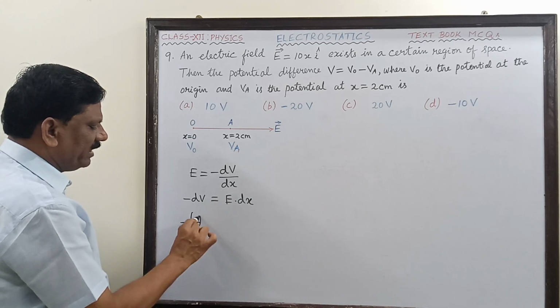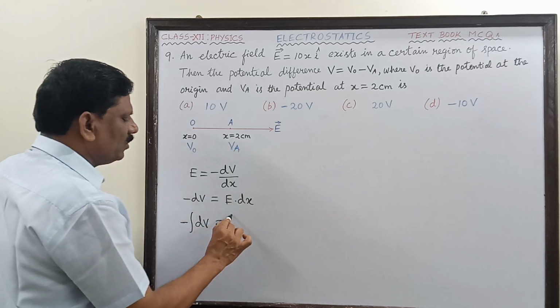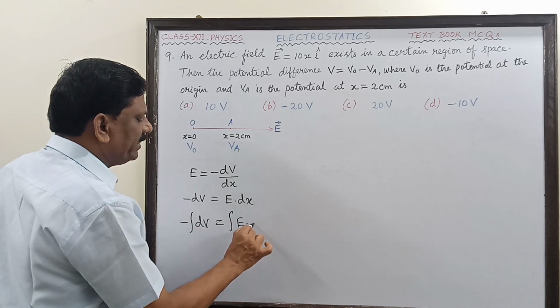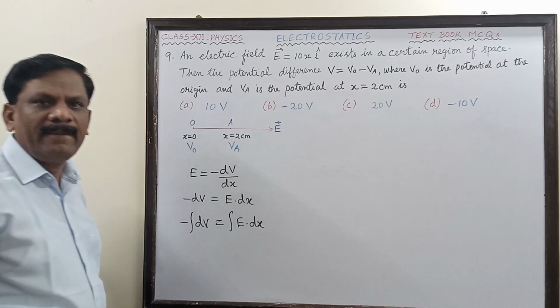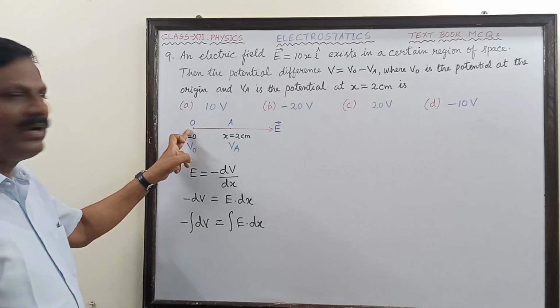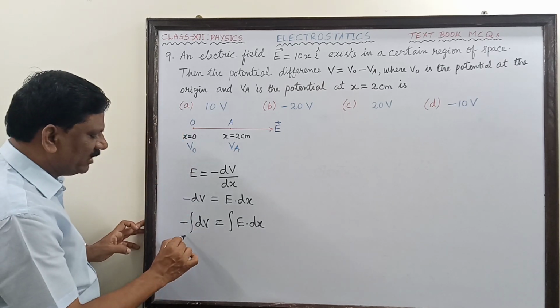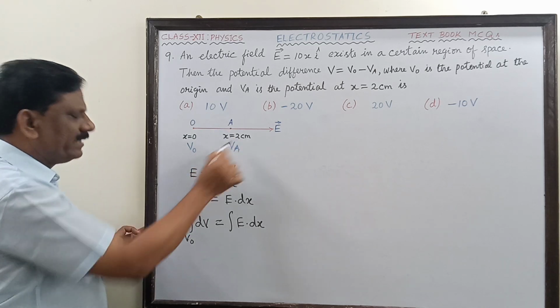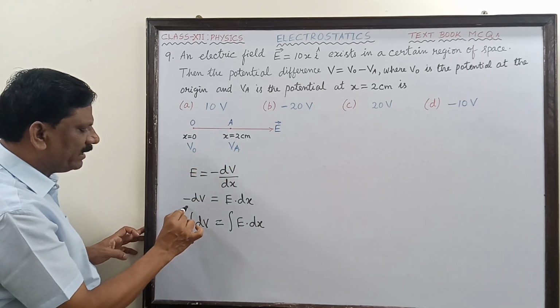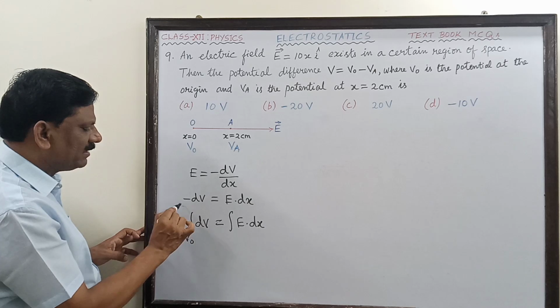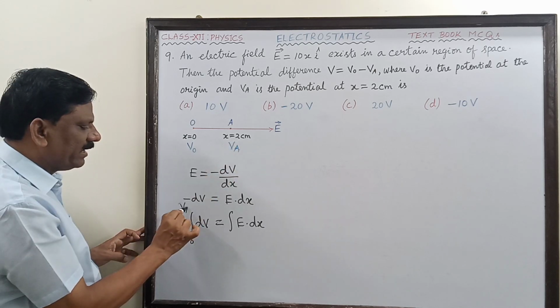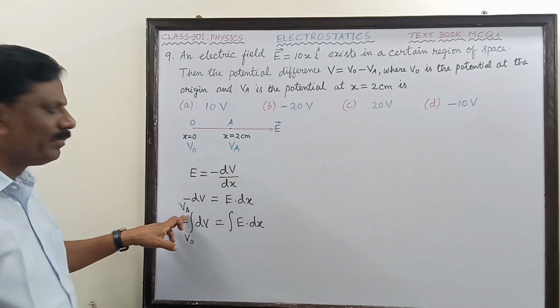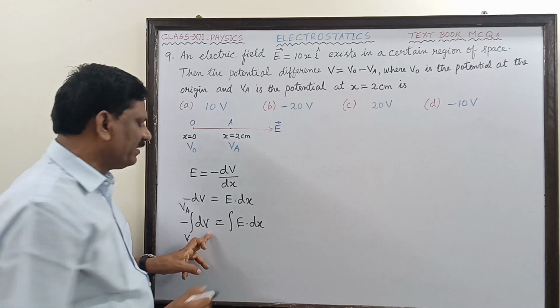So minus of integral dV must be equal to integral of E dot dx. On the left side, the starting point is the origin, so the potential is VO and the ending point is x equal to 2 centimeters, where the potential is VA. So the lower limit is VO and the upper limit is VA for the integral on the left hand side.